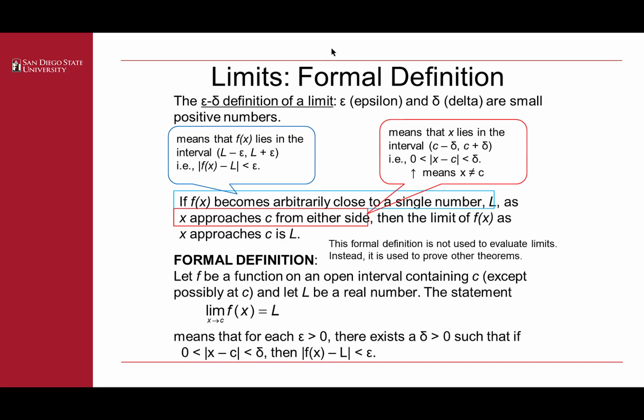Let f be a function on an open interval containing c, except possibly at c, but not always, and let L be a real number. Then the statement limit of f of x as x approaches c equals L means that for each epsilon greater than 0, there exists a delta greater than 0, such that if 0 is smaller than the absolute value of x minus c, which is smaller than delta, then the absolute value of f of x minus L should be smaller than epsilon. This is the most formal form of this definition.